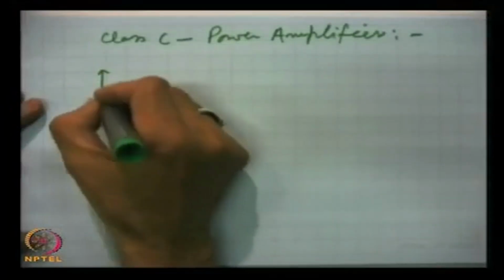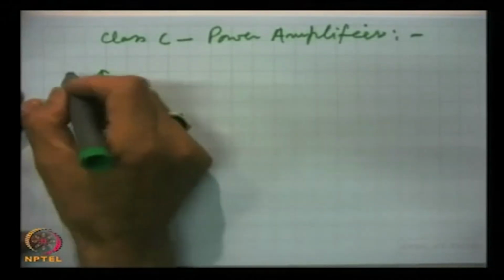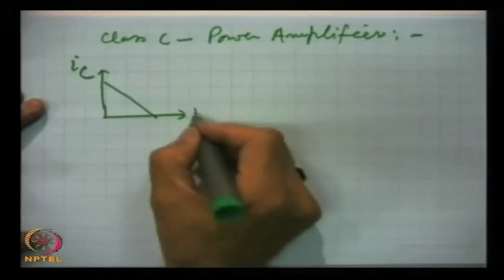Here we choose the operating point much below the cutoff. For example, look here, in a class A amplifier, this is IC and this is VCE.